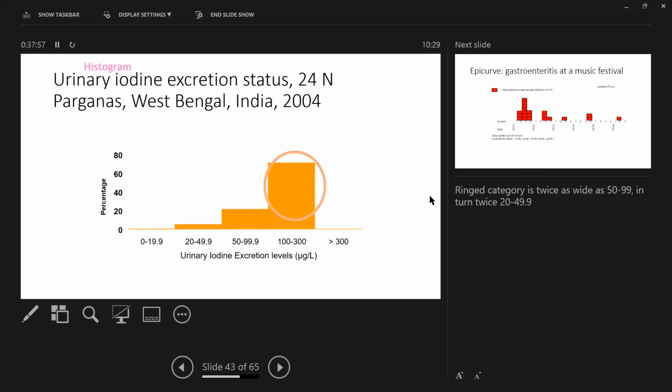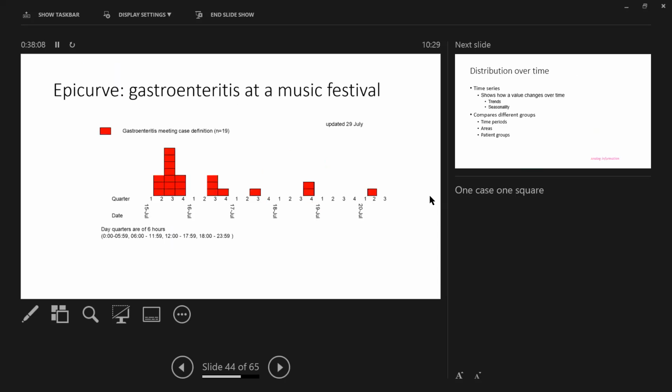Urine iodine excretion: what proportion of patients belong to what group, a simple graph. This is an epidemic curve, how many cases meeting a case definition of gastroenteritis by week. So again, you can see very quickly that in the beginning of July you had more cases than before.